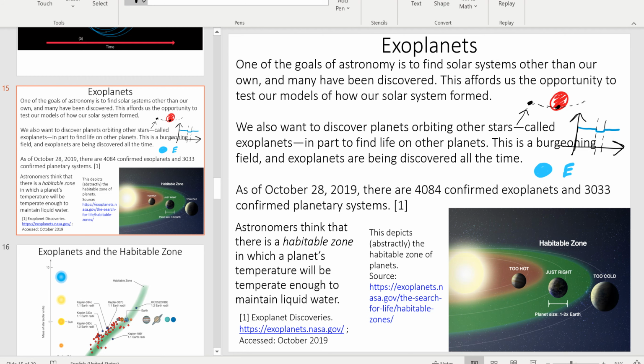The planet is going to appear to transit across the star from left to right. And the time it takes the planet to do that will be this time here. And this should be a regular interval, because we would expect the planet to have a regular period of orbit, just like Earth takes the same amount of time to orbit the sun every year, which is 1 year. In any case, this is called the transit method, and this is the primary method by which we find exoplanets.